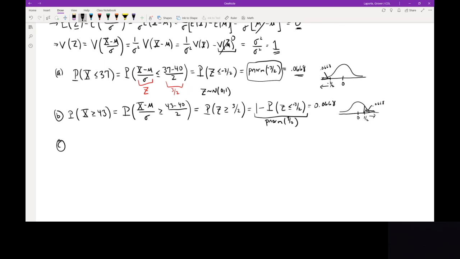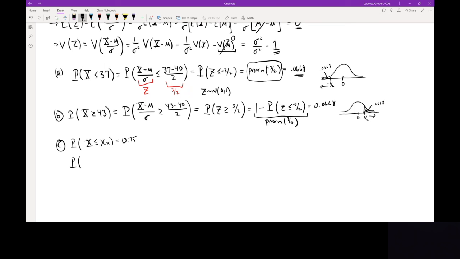All right, so let's look at the next one. I think we were doing the quantiles, correct? Let's just do one of them. We'll do the probability that X is less than or equal to x 0.75, we wanted that to be equal to 0.75.